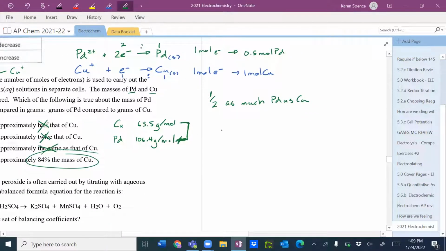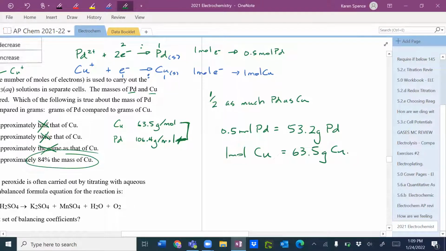So if we have 0.5 moles of palladium, that's going to be 106.4 divided by 2, which is 53.2 grams of palladium. And if we have 1 mole of copper, that's 63.5 grams of copper.